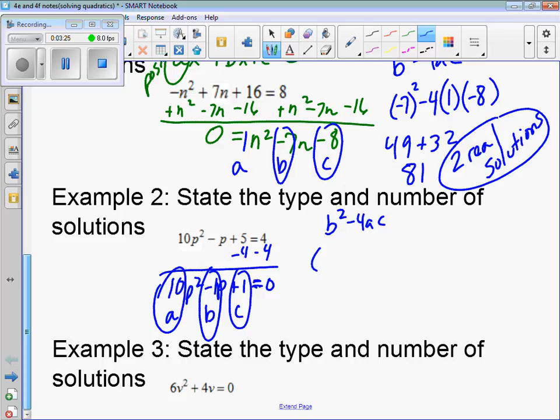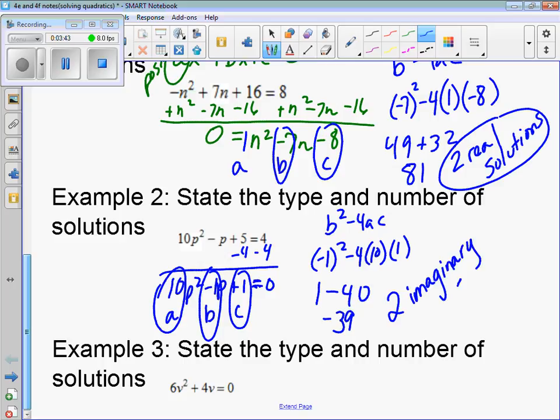Negative 1 squared minus 4 times 10 times 1 is 1 minus 40, negative 39. So we have a negative number, so this results in 2 imaginary solutions to that equation.